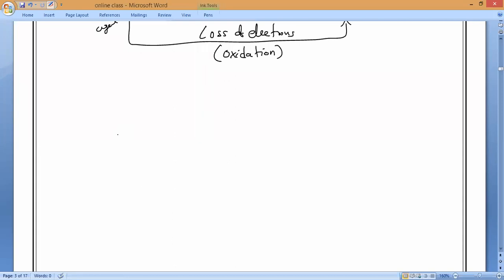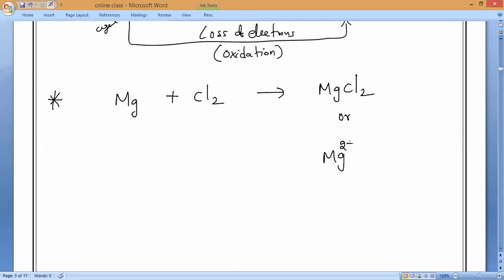Next example. Let me see who will answer. Formation of magnesium chloride. Who will say the formula? MgCl2. Now, how can I write MgCl2? Mg2 plus, and two chlorine atoms, so Cl minus 1 and Cl minus 1.